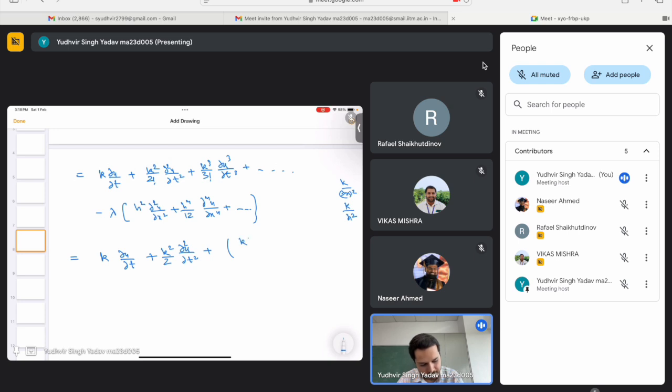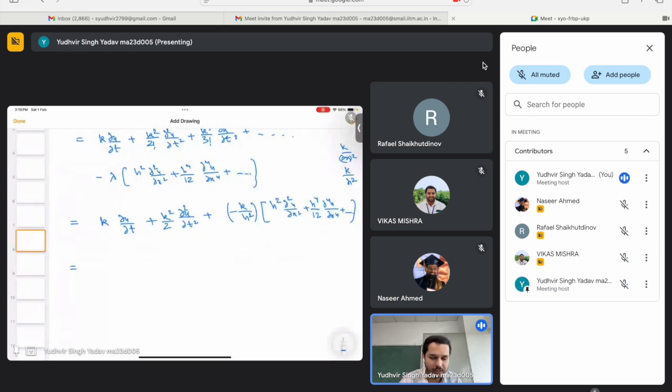So we can write it as k by h square multiplied by the inside terms, that is h square del 2u by del x square, and so on.